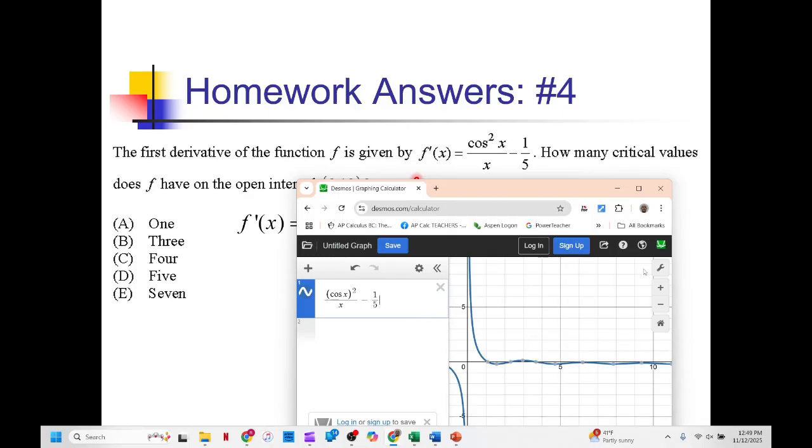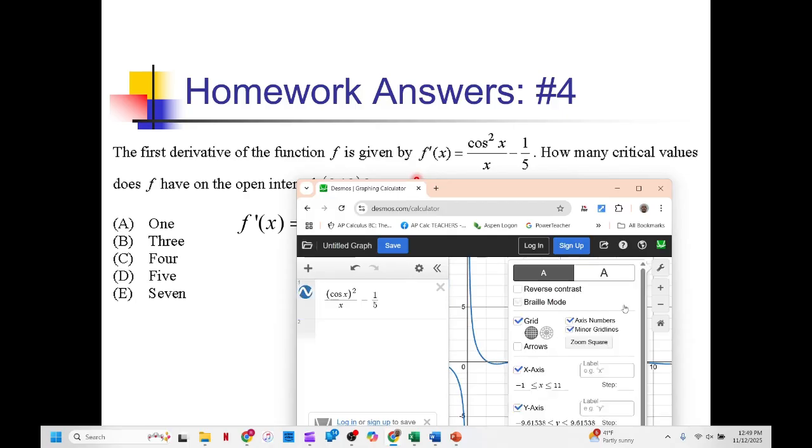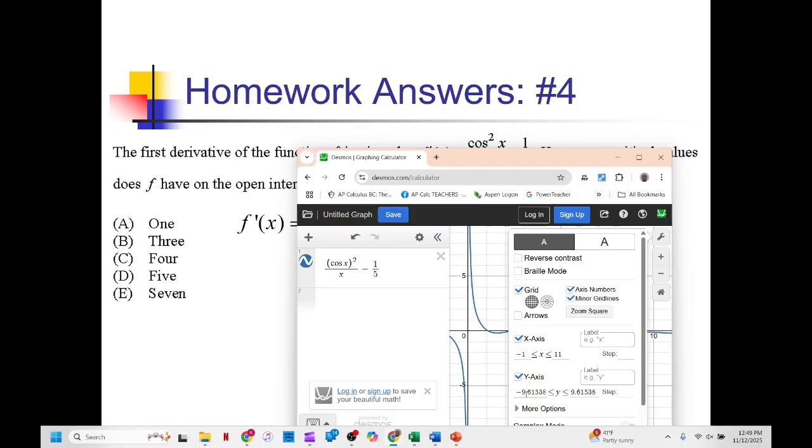But it's a little easier to go back into my settings and adjust my y-axis so that I'm going from maybe negative 0.6 to positive 1.6. Just zoom in a little bit here.